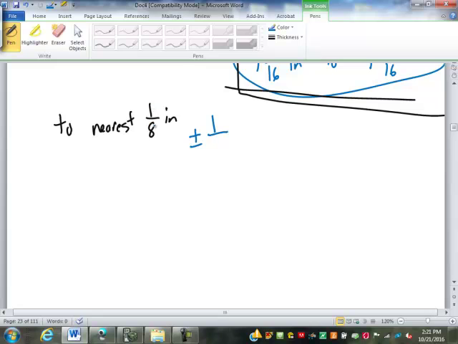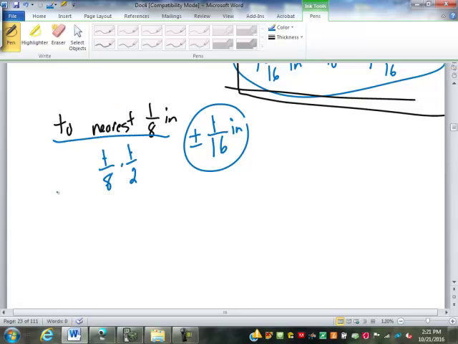Precision of 1/8. We'll do 1/8 times 1/2. 1 times 1 is 1. 8 times 2 is 16. So if our ruler measures to the nearest 1/8 inch, we have a plus or minus 1/16.